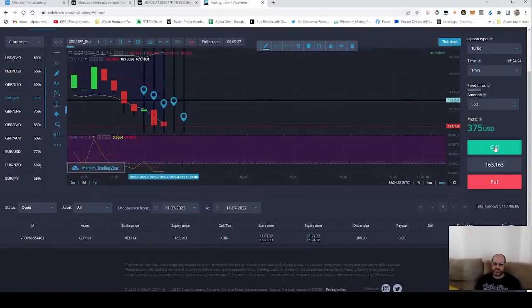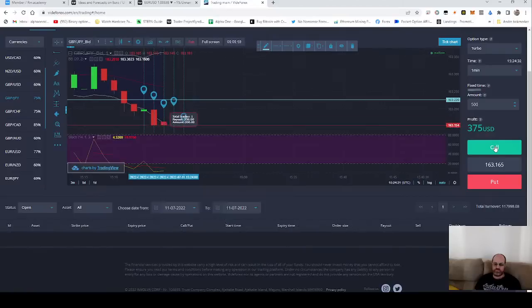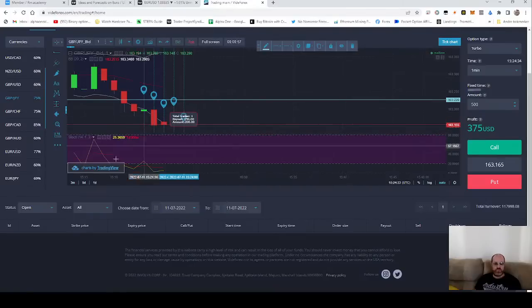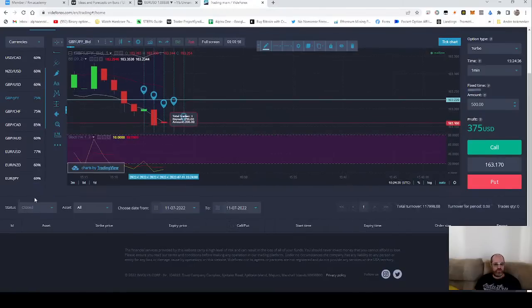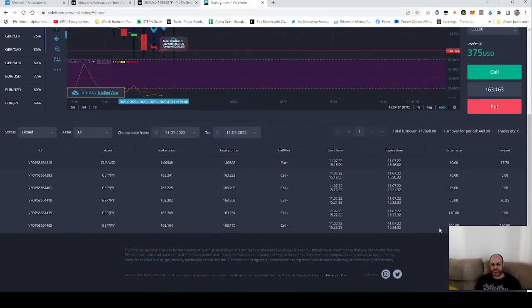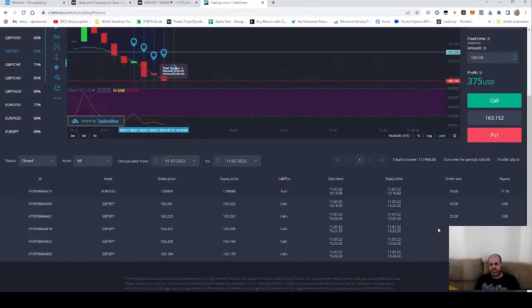Now let's see. We're getting close, the timer is almost done. We won that trade. So then, if you look at the closing trades, let's calculate the left side first.